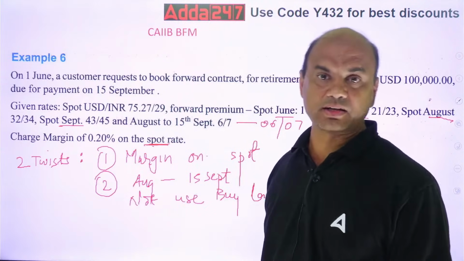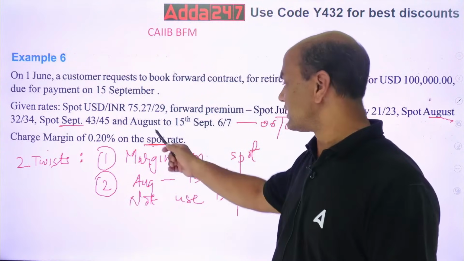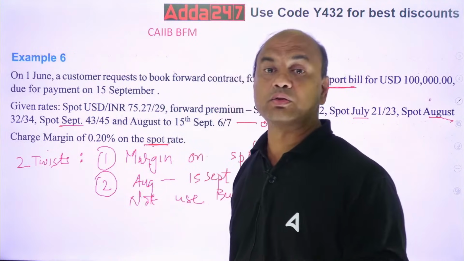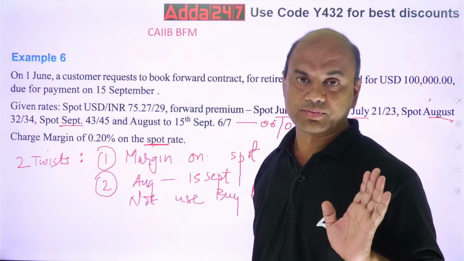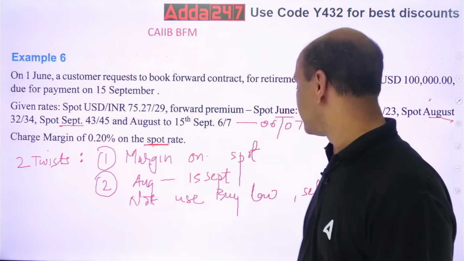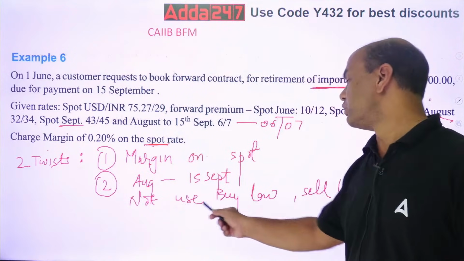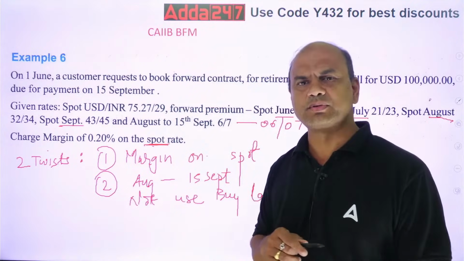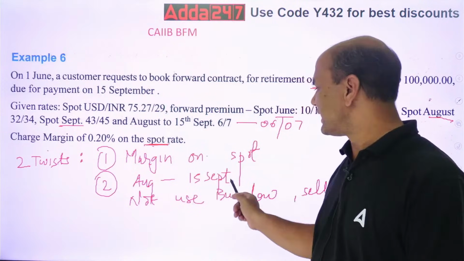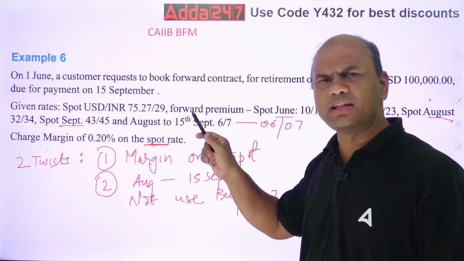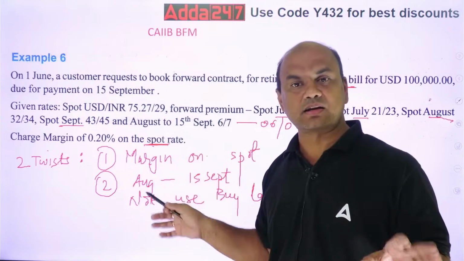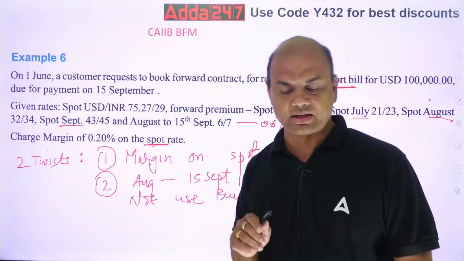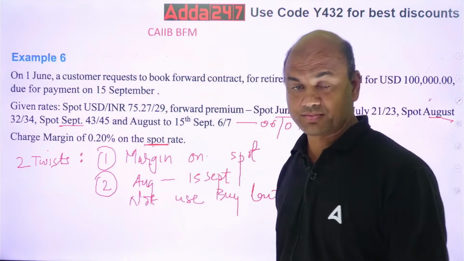When such a thing is given, you cannot use the buy low sell high concept. Whenever you have the exact rate on a certain date, never ever use the buy low sell high concept. Got it?